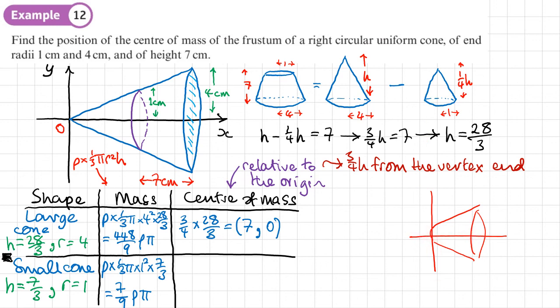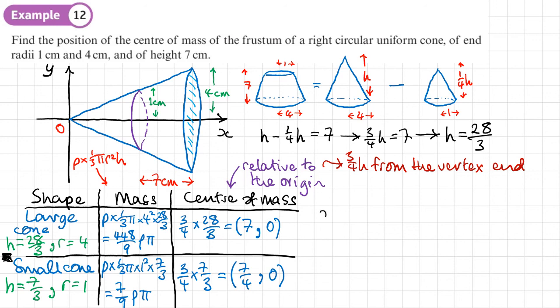We have to fiddle with some numbers, and the reason we can move the shape around and still get a correct answer is because we're given an answer relative to some part of the frustum, so relative to the base or the top of the frustum. So it doesn't really matter where we place the cone on the axis, so we make things easy for ourselves and put the vertex there. So yeah, 3/4 of the height, so 3/4 times 7 over 3, and that gives an x centre of mass as 7 over 4, 0.